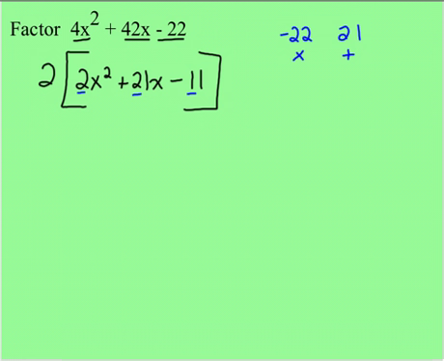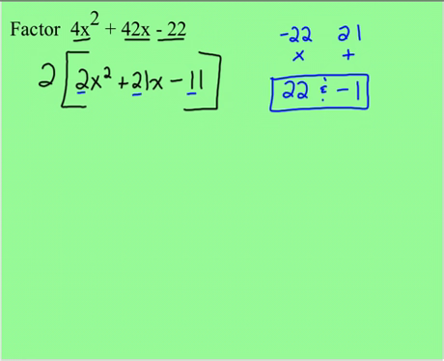Okay, this is hard for some people. And if you haven't thought of it by now, that's okay. But the answer is positive 22 and negative 1. Those 2 multiply to be negative 22 and add up to positive 21.